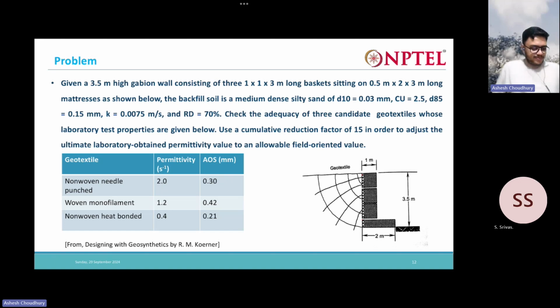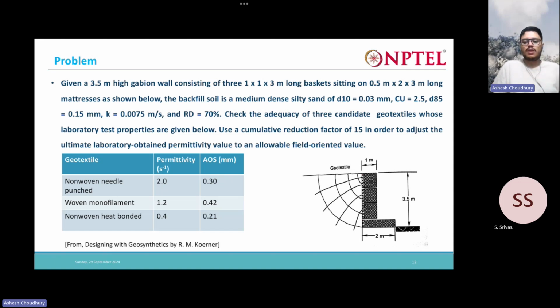So what do we have in the question? Given a 3.5 meter high Gabion wall consisting of three 1 by 1 by 3 meter long baskets sitting on a 0.5 by 2 by 3 meter long mattress as shown.